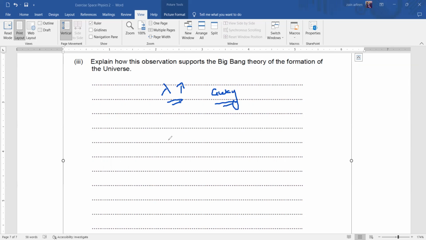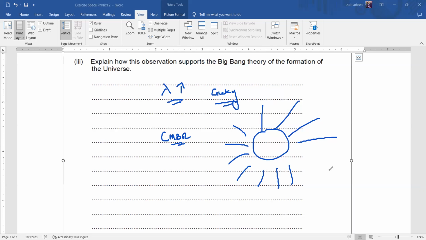And the second thing, cosmic microwave background radiation, we receive from all directions. And for this radiation, we observe that the wavelength is also increased. So one is 2 marks relating to the Doppler redshift, and another is relating to the cosmic microwave background radiation.